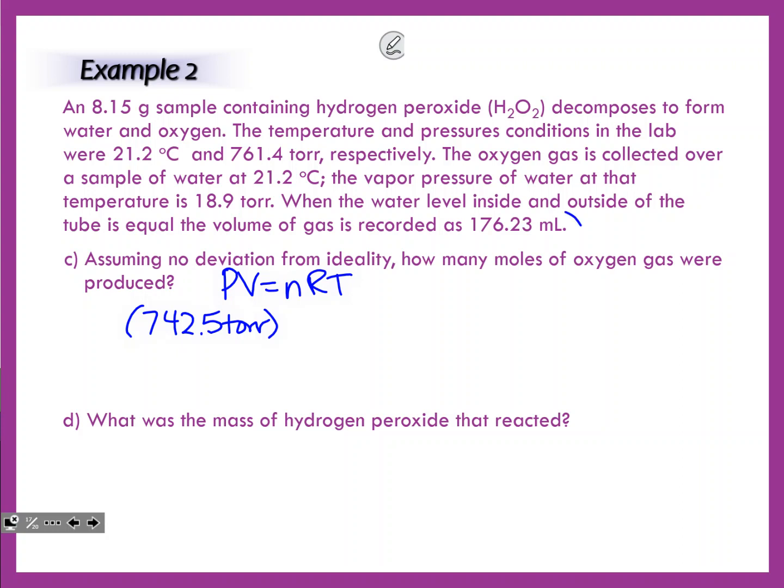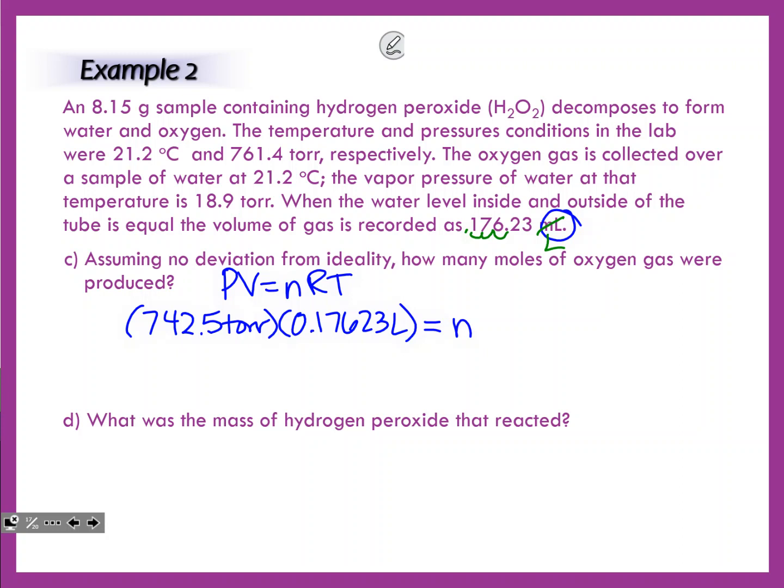Yes, they gave it to us in what though? So we have to move it over 1, 2, 3 and change that to liters before we plug it in. Because remember, because of the R value, everything has to be in liters. Now we're missing the moles, so we're going to leave n the way it is. But which R do we want?